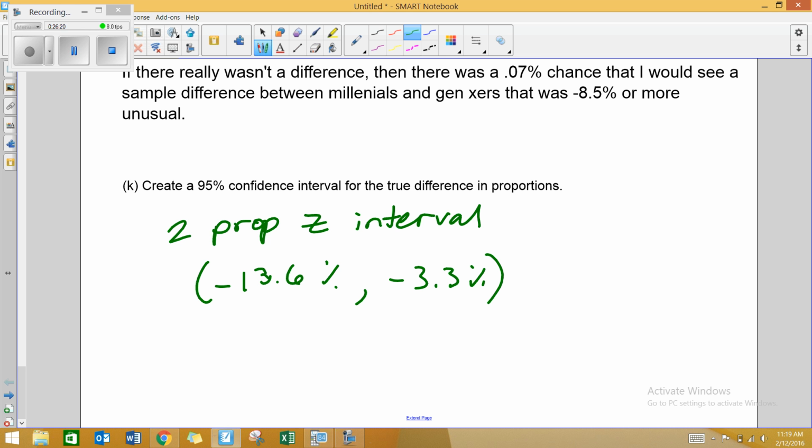So just using this little sample, I am 95% confident that the true difference between millennials and Gen Xers who think there is a good president candidate is between negative 13.6% and negative 3.3%. And that would be your interpretation of that confidence interval.